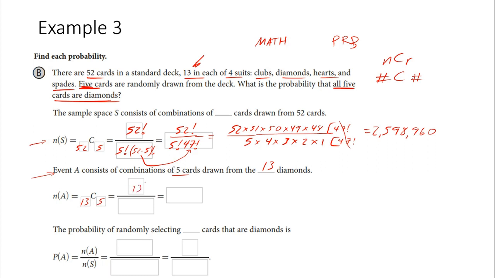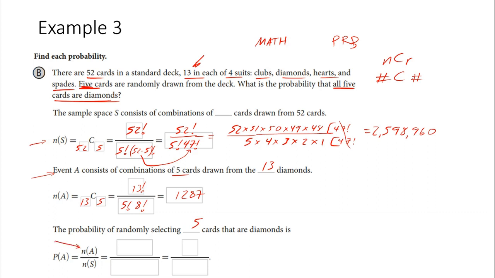There's 13 diamonds, and we're picking 5. And what's 13 minus 5? 8. Now there are 1,287 different combinations in which we get nothing but diamonds.